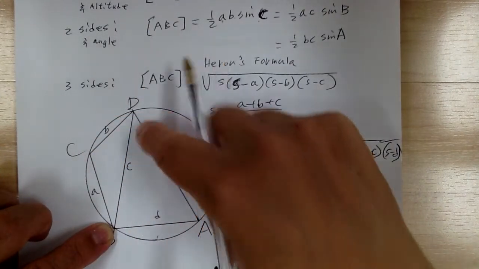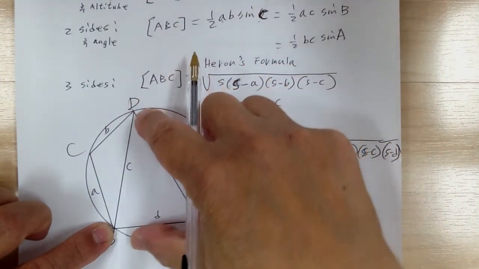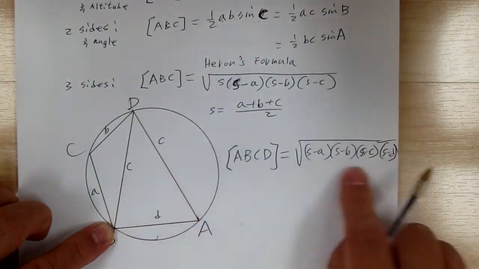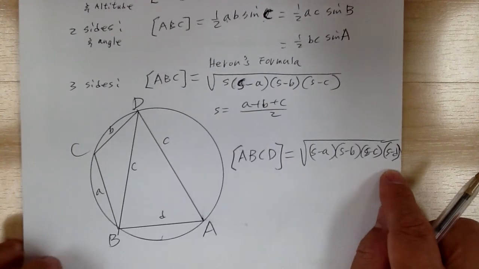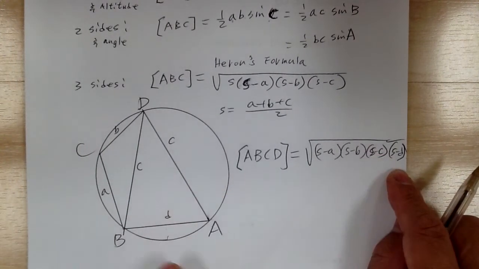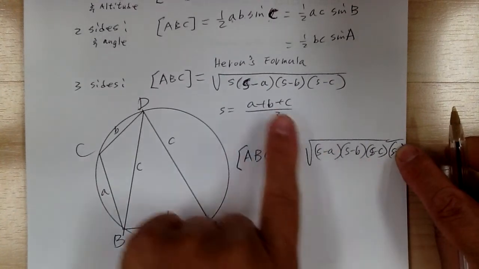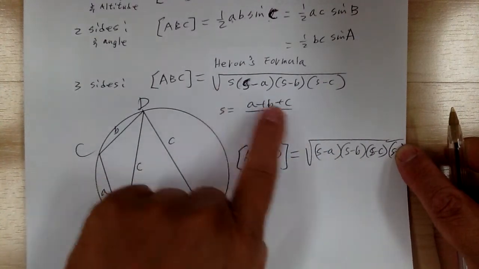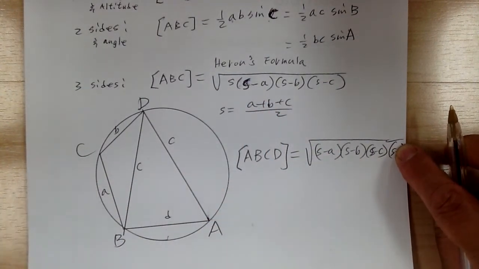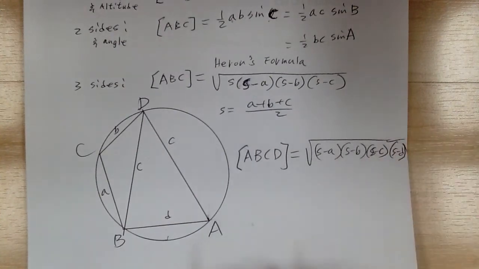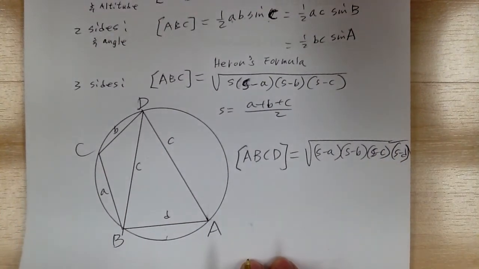If you move this along the circle, you end up with ABC. So in this case, this formula still applies. The only difference is that D equals 0. So if D equals 0, this factor is gone, and this formula becomes this for the triangle. See that? So these are kind of good to know.